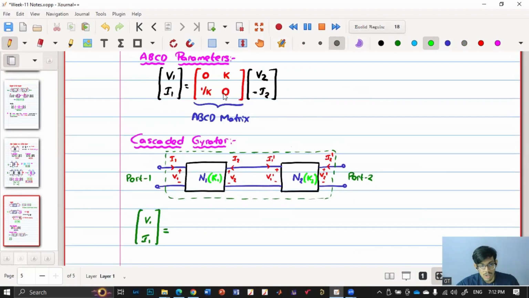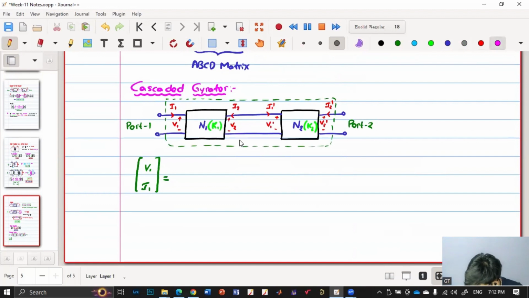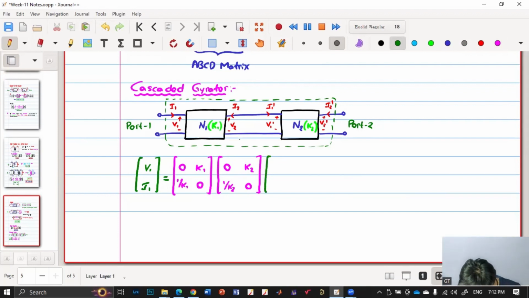So we multiply the matrix 0, K1, 1 by K1, 0 into 0, K2, 1 by K2, 0, multiplied by V2, I2. Now this can be given as K1 by K2, then 0, then 0, and then K2 by K1.